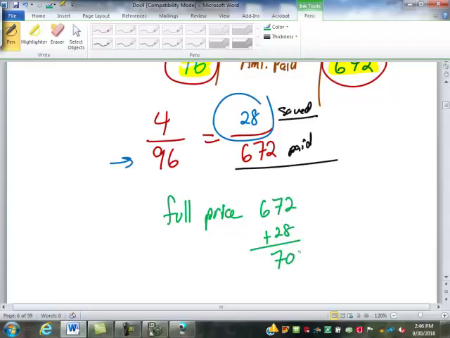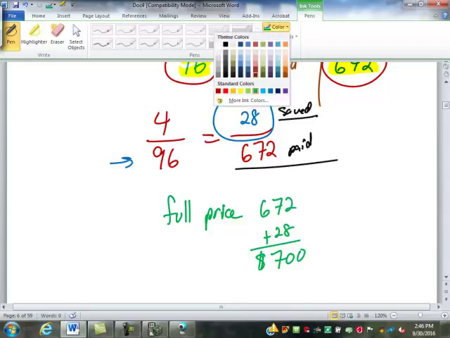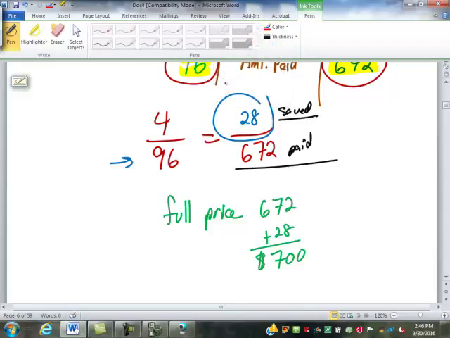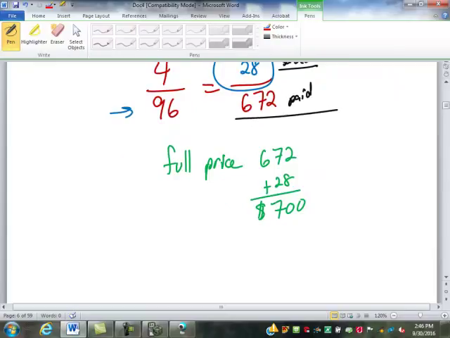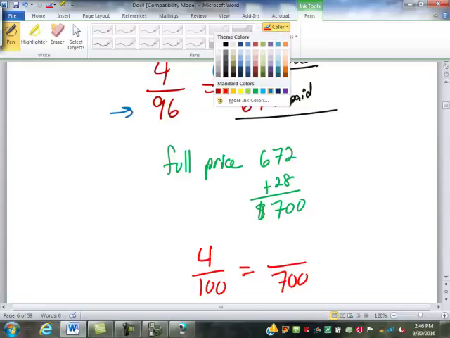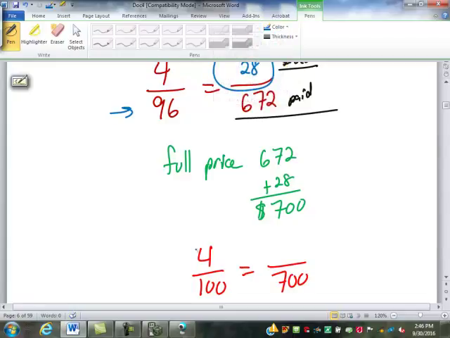Must have been $700 if we did this correctly. So if we want to work this backwards, if I find 4% of 700, will that give us the $28 for discount? Yeah, 4 times 700 is 2,800. Divided by 100 does give us a $28 discount.